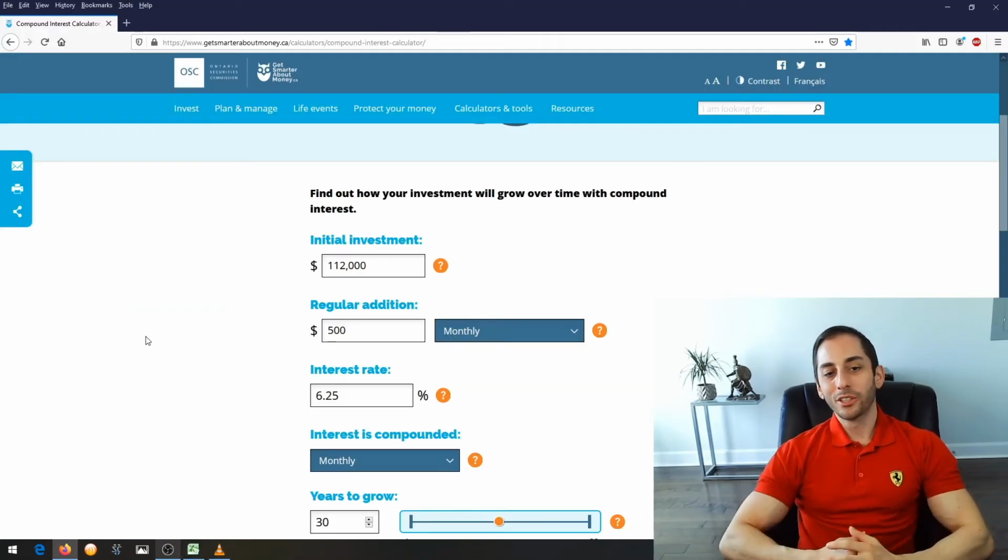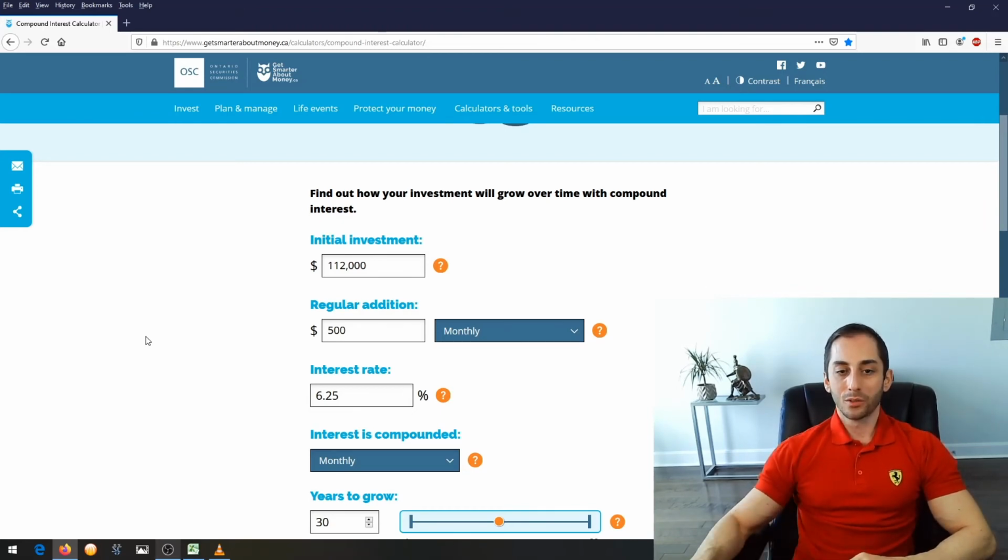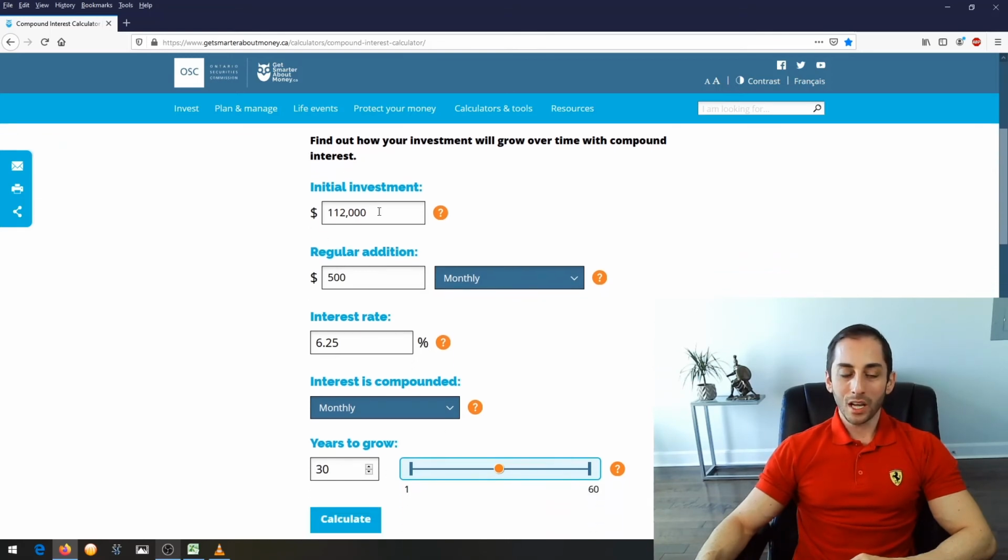So the last thing I wanted to show you guys is basically how much money am I going to get or what my retirement fund will look like at 65. So to do this, we're going to use the compound interest calculator, one of my favorite tools of all time. So right now I have about 112,000 invested in the fund, and I contribute about $500 a month continually to this fund.